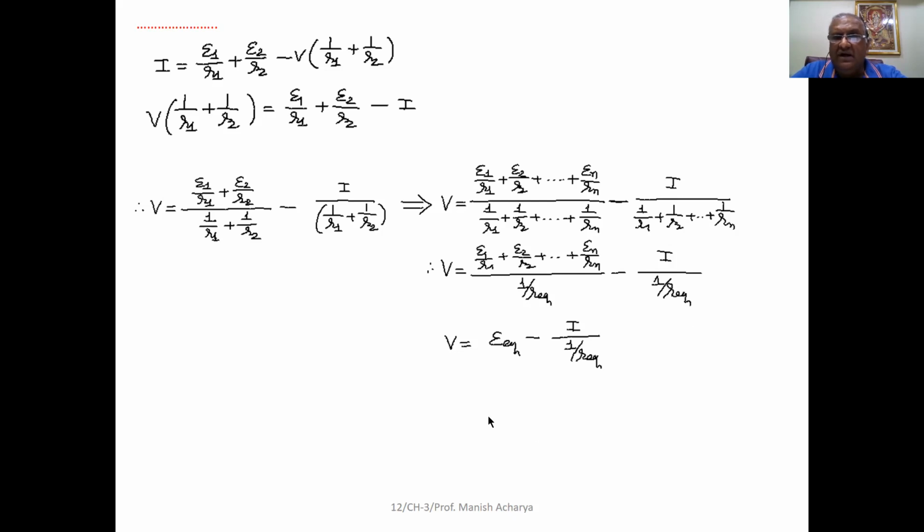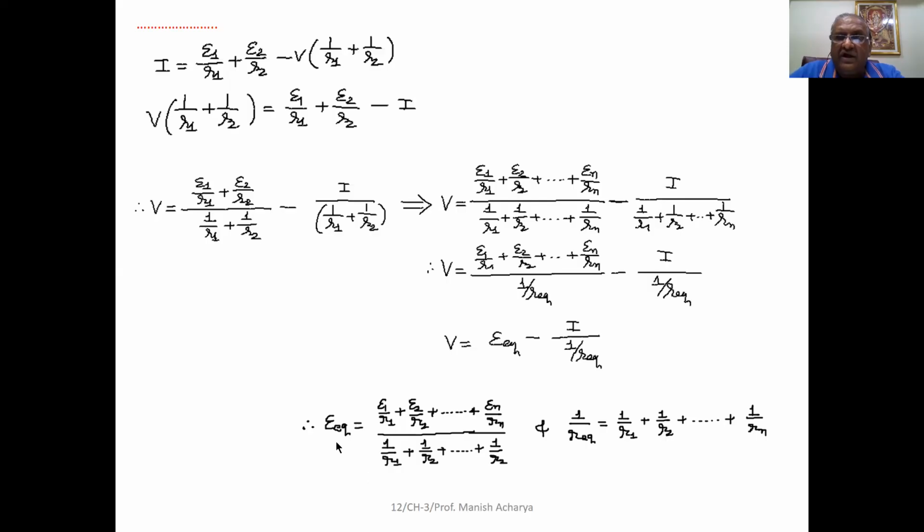So now we can compare the same equation with V equal to E equivalent minus I upon (1 upon R equivalent). So for n cells in parallel, the equivalent EMF will be given by this term, (E1 upon R1 plus E2 upon R2 up to En upon Rn) whole thing divided by 1 upon R equivalent. Clear to all of you?